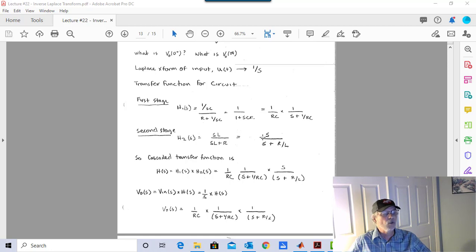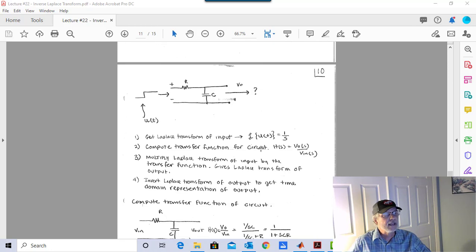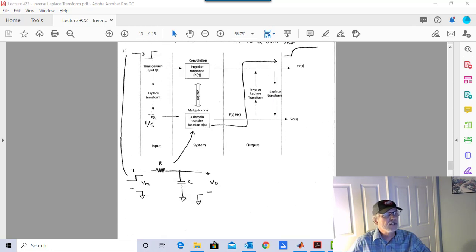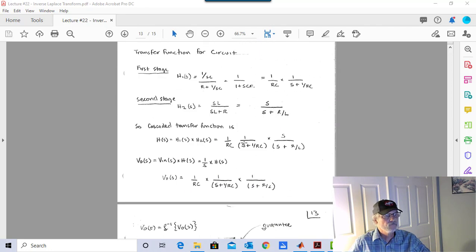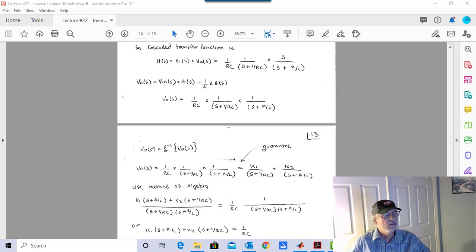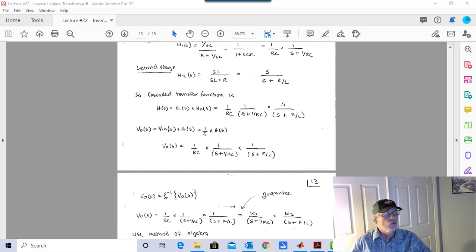So now I have my cascaded transfer function. Let's multiply it by the Laplace transform of the input and get the Laplace transform of the output of our circuit. Here it is. We're going to take Vin times H of s, or 1 over s times H of s.